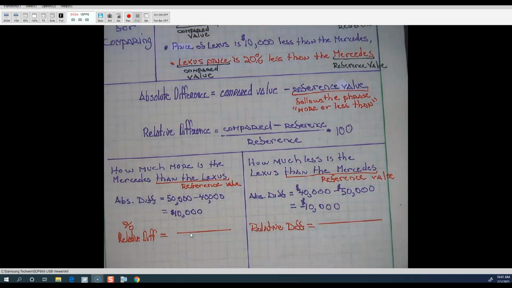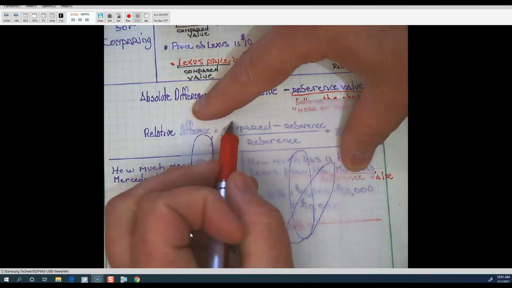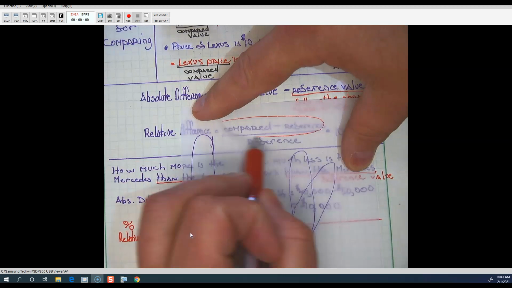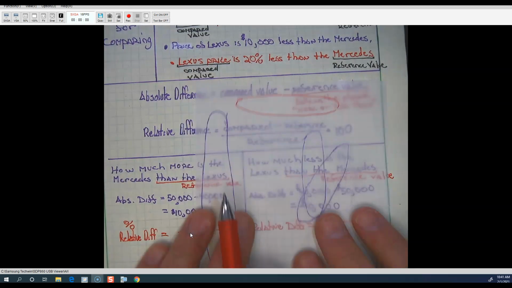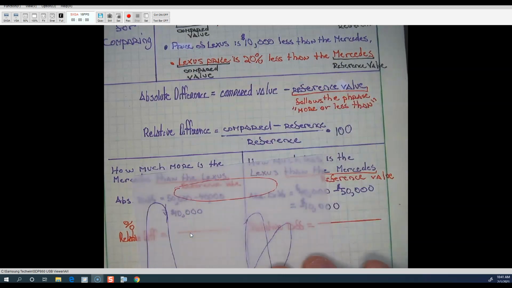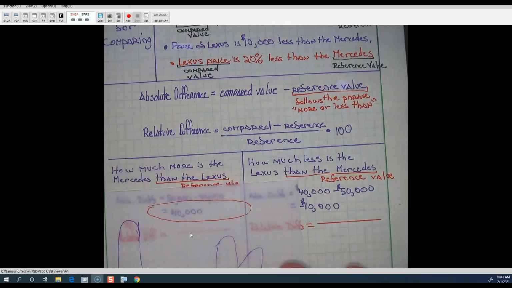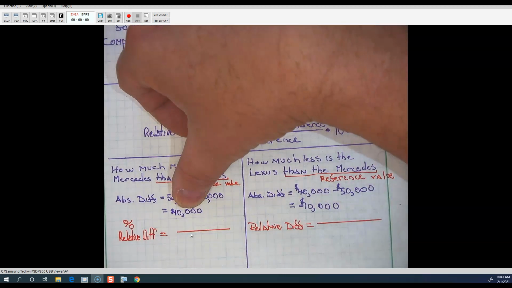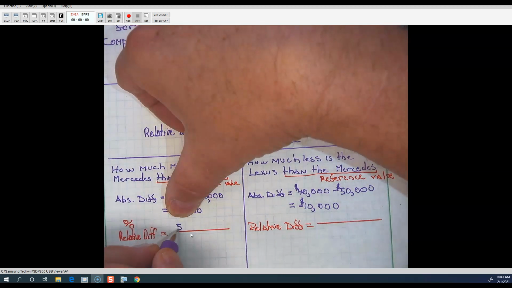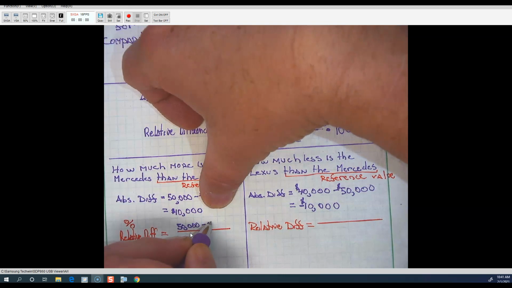Okay, so the top of this, the numerator, is what we just did. It's the compared value minus the reference value. Okay, that's that 10,000 right here. I'll fill in all the numbers. This would be 50,000 minus 40,000, which is the 10,000.